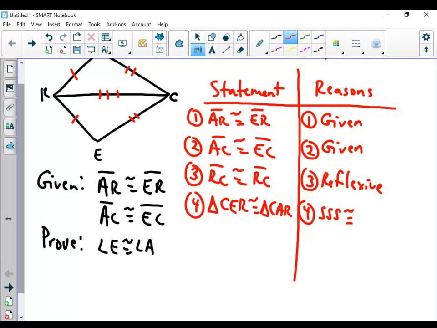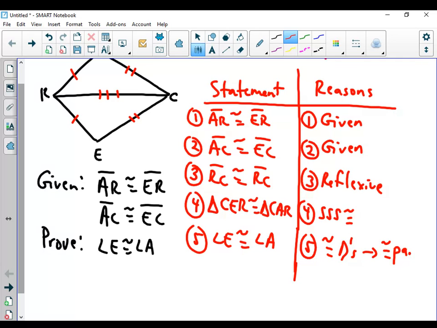And once we knew the triangles were congruent, we could finally make our conclusion that we wanted to prove, and that was that angle E is congruent to angle A. And that was because congruent triangles imply congruent parts. And that would be a two-column proof for that situation.